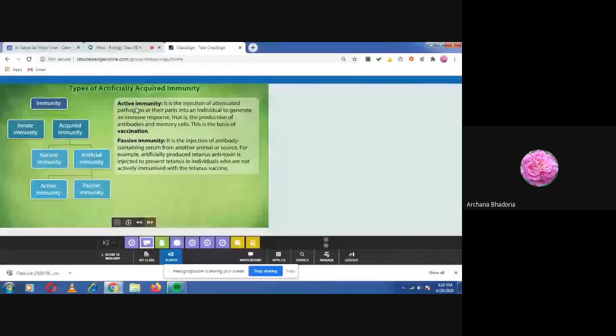But suppose someone has an accident and a snake bites, so what will happen? To neutralize the poison of the snake, the doctors will give the antitoxin, and that will neutralize that poison.